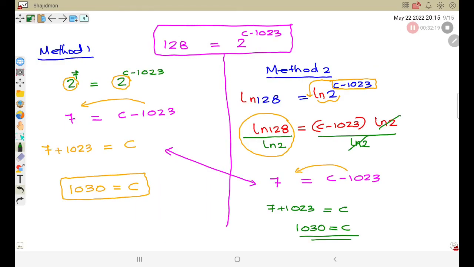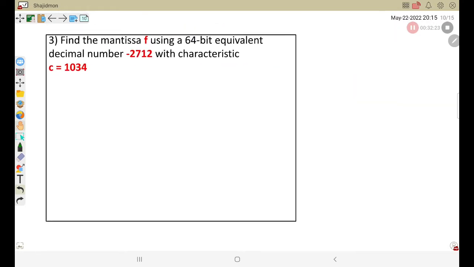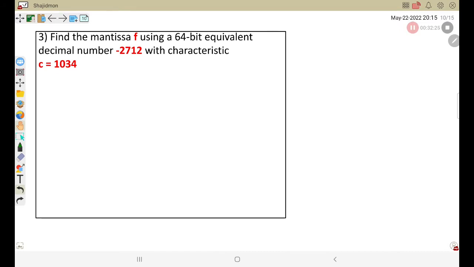So I hope you are clear on the c finding question, how to find the characteristic part. Okay, now we will go to the next question, question number 3. You can just read question number 3. Find the mantissa. Find the fractional part f using a 64-bit machine number, decimal number equivalent.